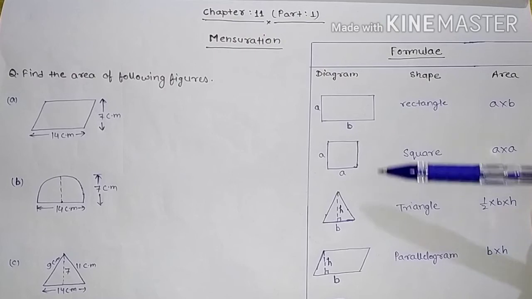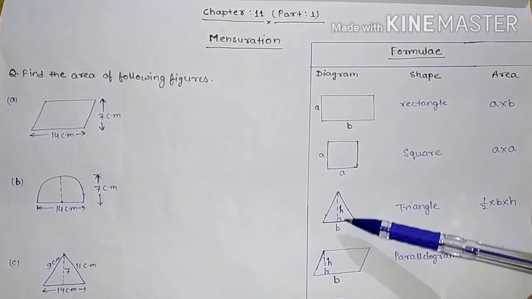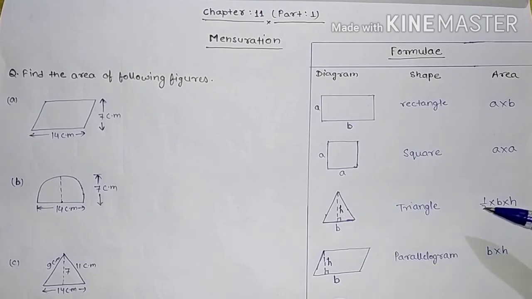Simply, now the next one is triangle. Here the base is given b and height is given h. The formula will be half into base into height. Now the next one is parallelogram. We know the property of a parallelogram, opposite sides are equal.